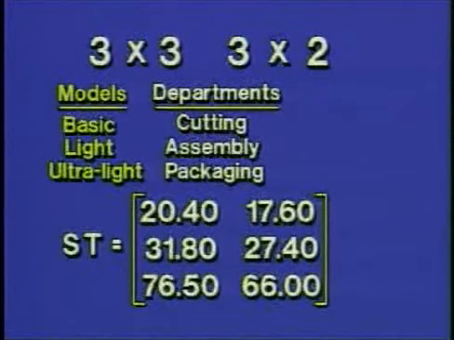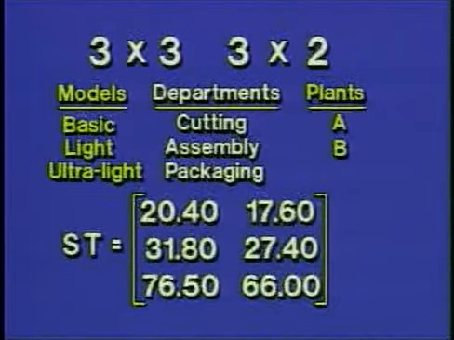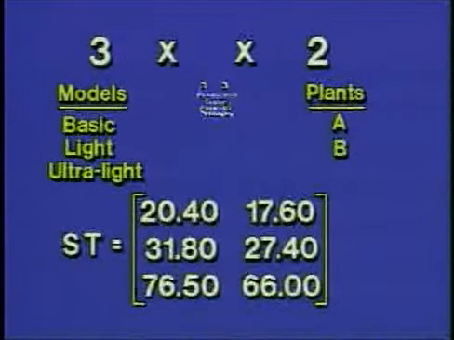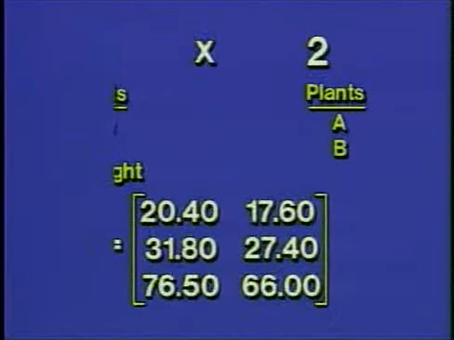Well, the rows were the departments, the columns were the plants. And when we multiply the two matrices, this is what happens. We get a result which is models by plants. That is, the rows become models and the columns are simply the plants involved. So that's what we have here in this resulting matrix.